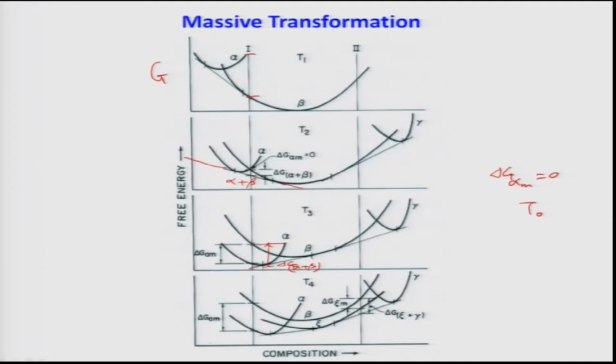This is very clear even from the free energy composition diagrams. So one has to look carefully at the phase diagram data. This will also happen in copper-tin and copper-zinc, which we will discuss in the next class.